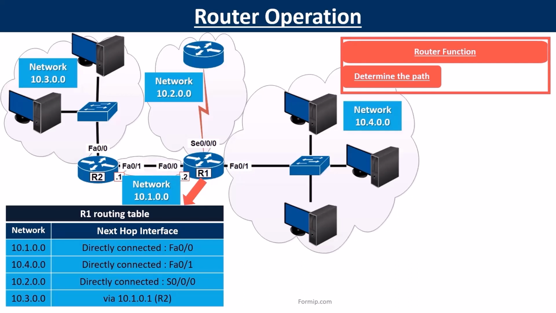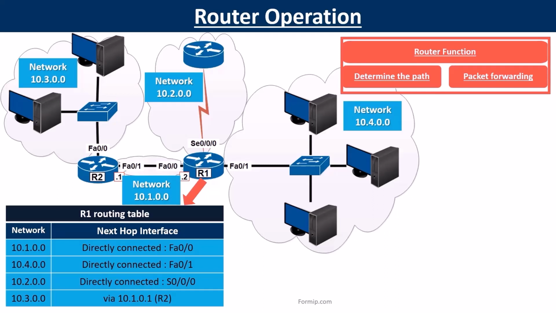The second important function of the router is the forwarding of packets. After finding a match to the destination network, the packet will be forwarded to a network interface. As this topology shows, each line of the routing table lists a destination network and the interface that allows you to join that network.